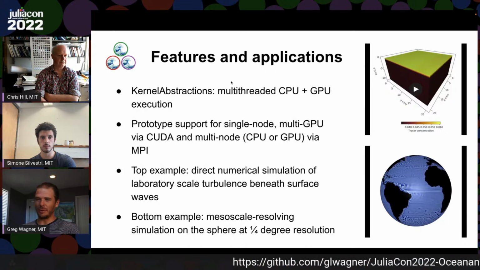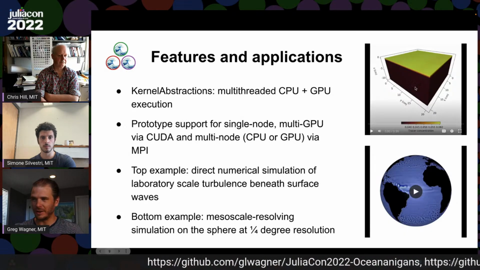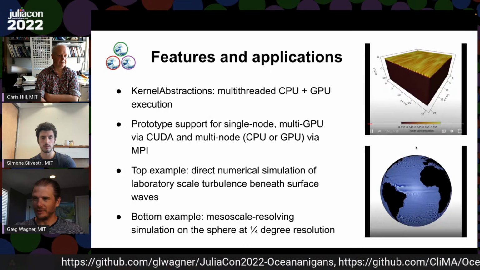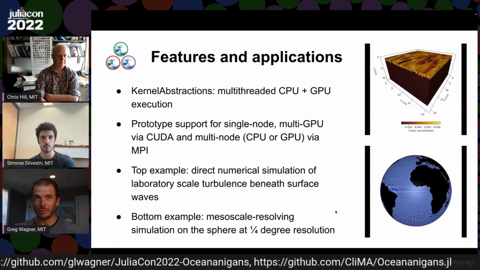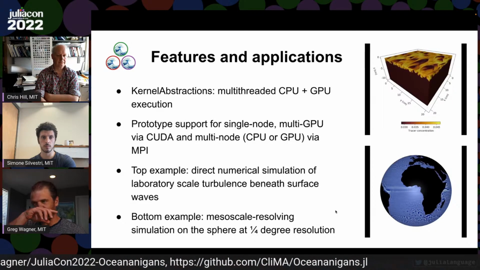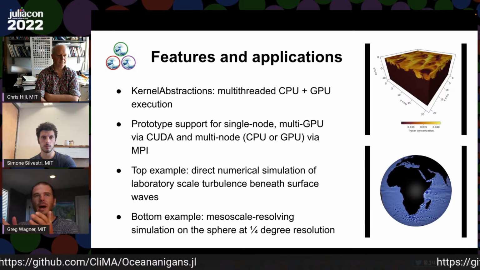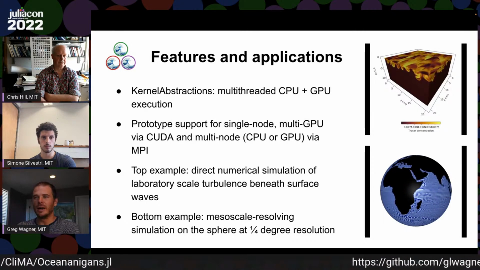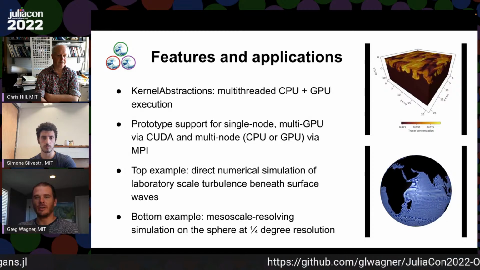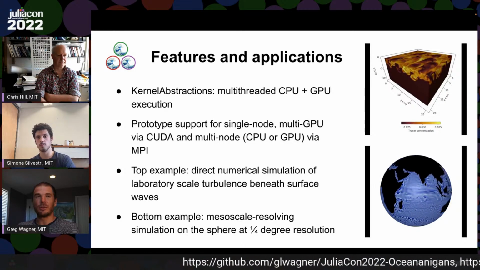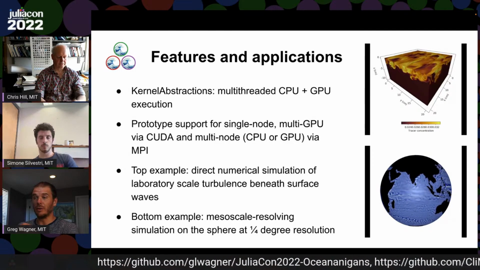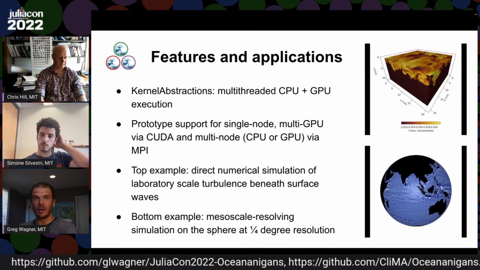So the first example I'm showing, I should play these again, is an example in a rectangular domain. It's periodic in one direction, the direction that the flow is going in, and bounded in the other two. And it's a simulation of turbulence driven by the wind and surface waves at a laboratory scale.